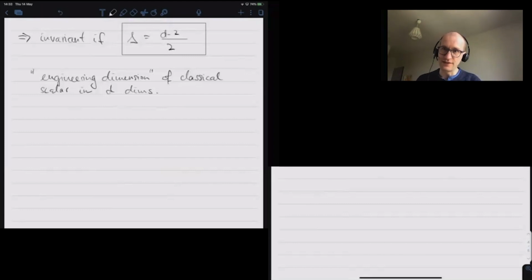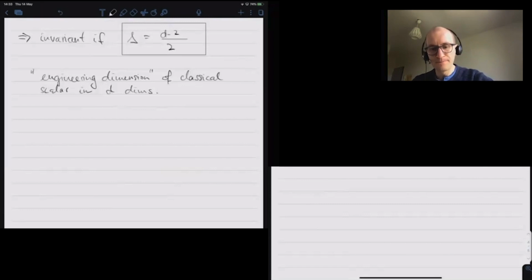And that's a much more difficult thing than to write down a classically conformal invariant theory because fields can pick up anomalous dimensions. So finding examples of quantum conformal theories is much harder work. Okay, let me leave it there.